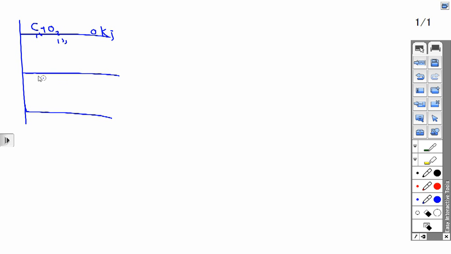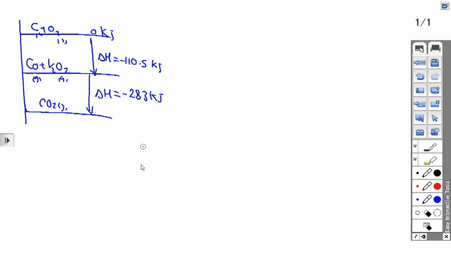The second step, C plus half O2, CO gas plus half O2 gas, delta H equal negative 110.5 kilojoule. The third one, CO2 gas, and delta H equal negative 283 kilojoule.